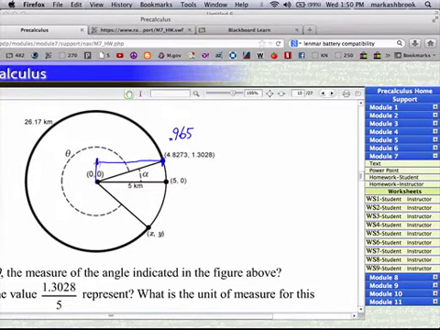Yeah, the number of radius lengths to the right of the vertical. And that would be the same as the cosine of alpha.